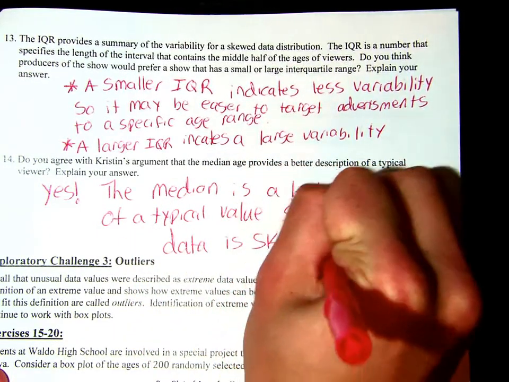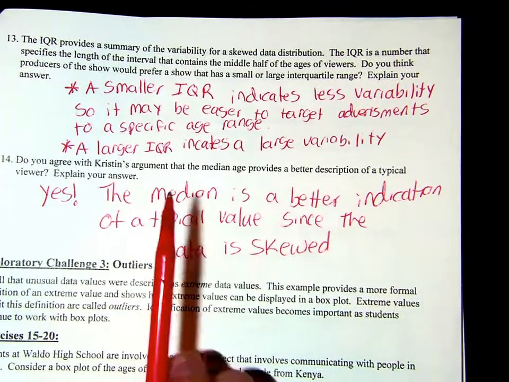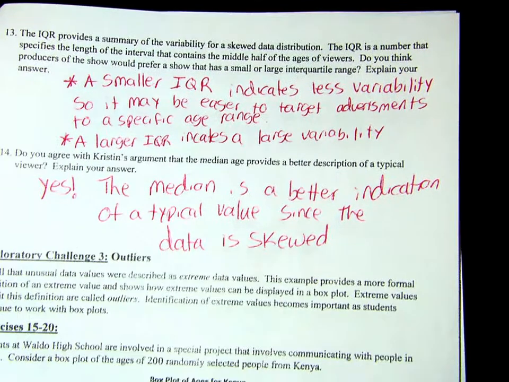If the data is skewed, either right or left, it doesn't matter. If it's skewed, the median is a better indication of a typical value. Okay? Now let's look at our exploratory challenge 3.